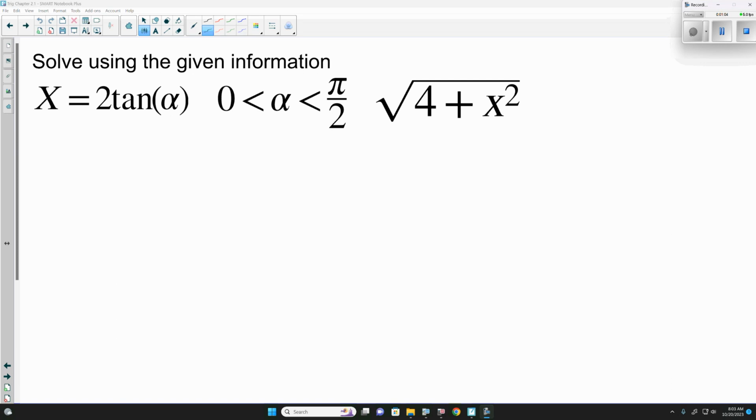For example, tangent of x times cosecant of x is equal to secant of x.